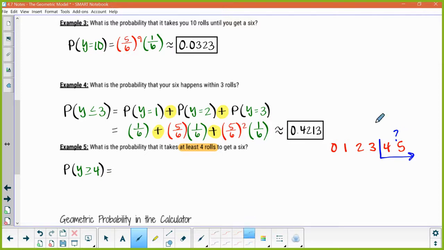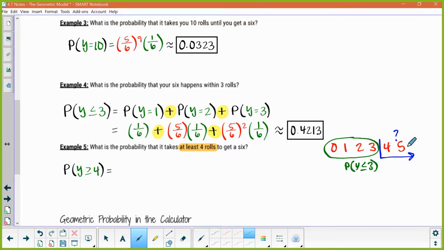So what I can do is take this piece, which is much easier to calculate, the probability of y being less than or equal to 3, and subtract this probability from 1 in order to get the probability of at least 4 rolls.